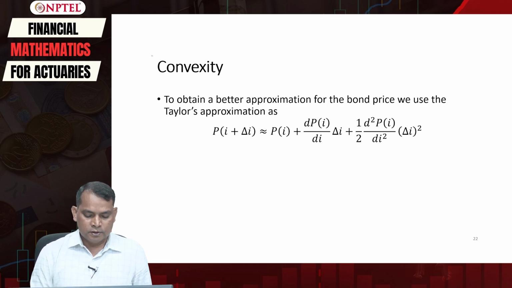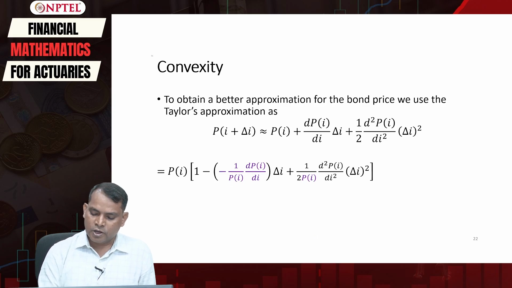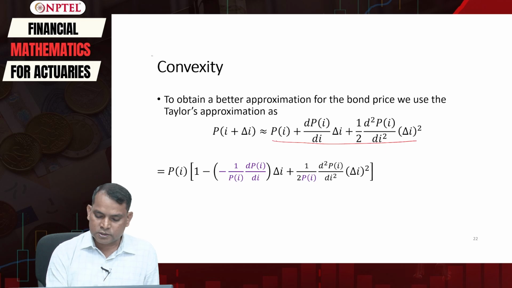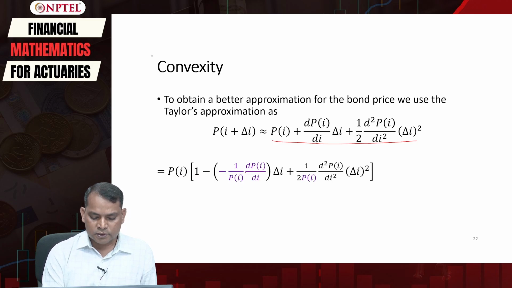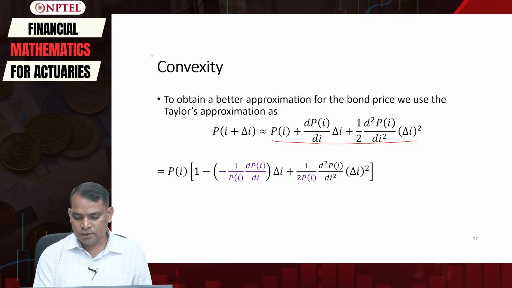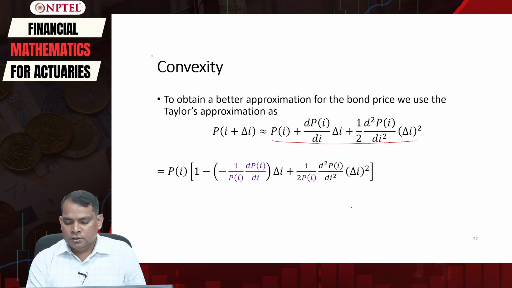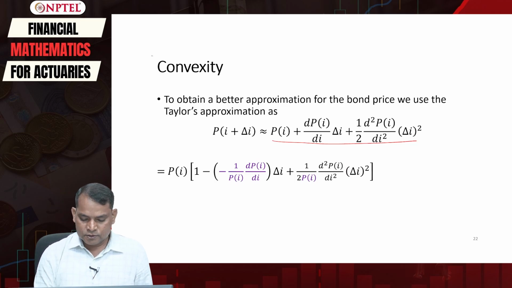Now we can rewrite this the same way as we have done before. Take P(i) out, and therefore we will have 1 minus 1 upon P(i) times the first derivative of P with respect to i times delta i, plus 1 upon 2 P(i) times the second derivative of P multiplied by delta i squared.